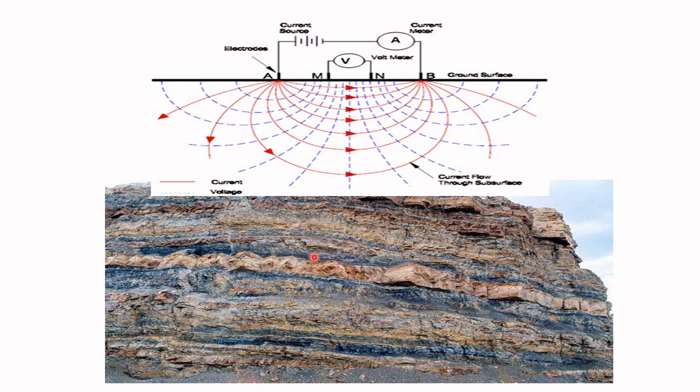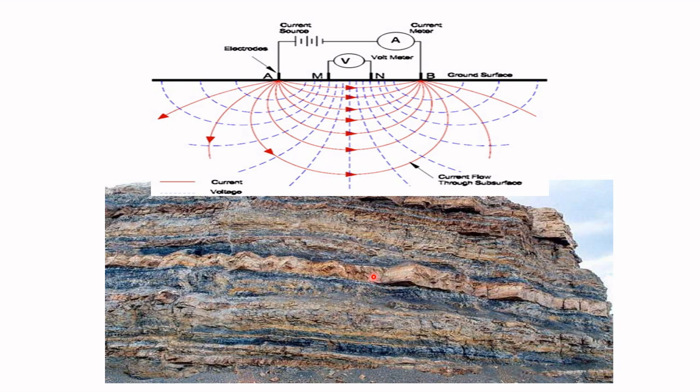Any geological formation possesses one property, like we discussed earlier, electrical resistivity. This geological formation has different kinds of layers from top to bottom. For example, if you take this as homogeneous, that means a single layer is present all the length, then the resistivity that is measured will represent the true resistivity.